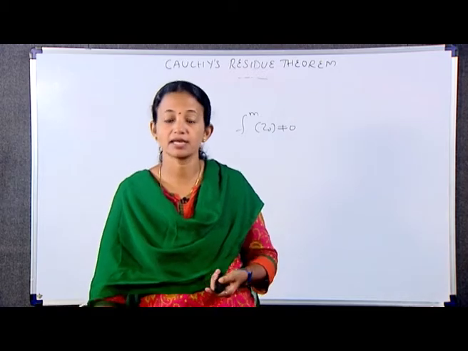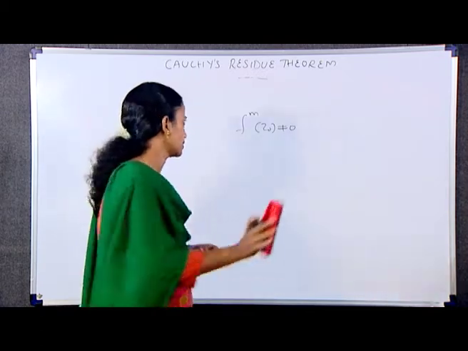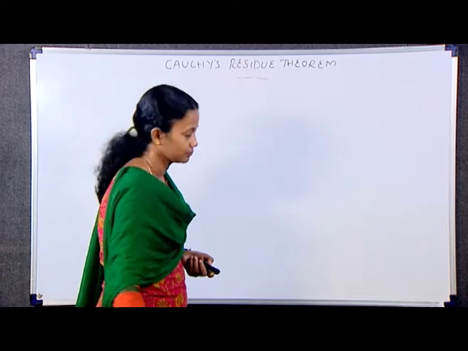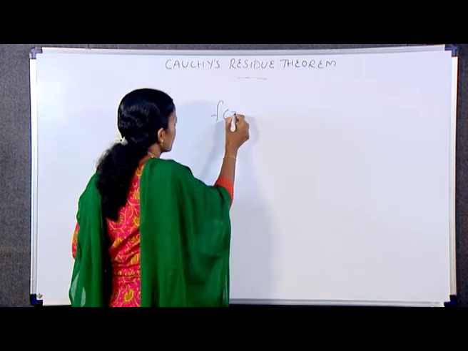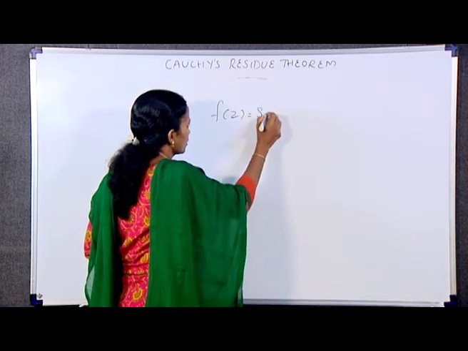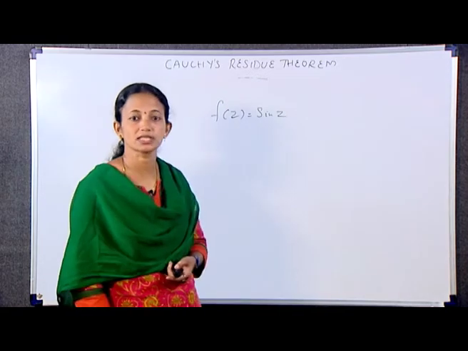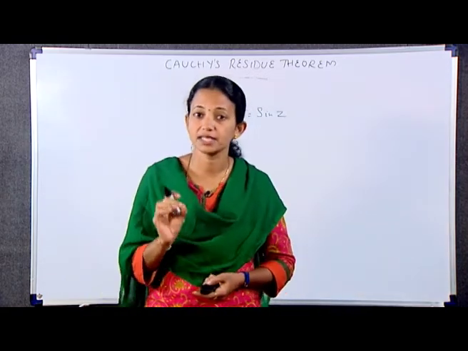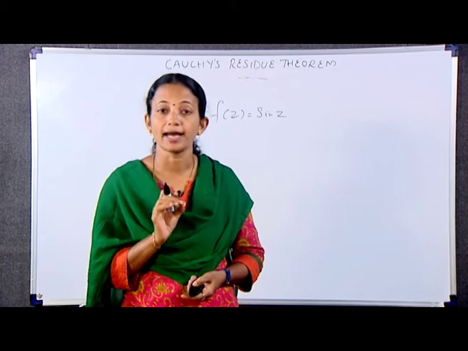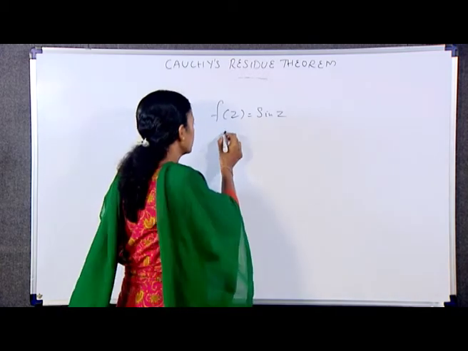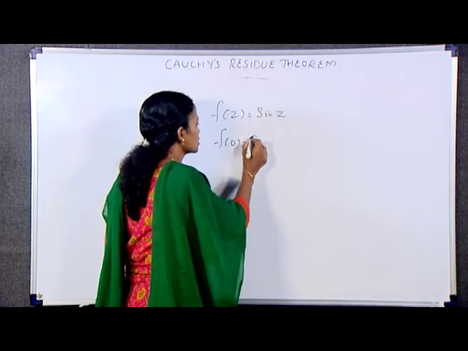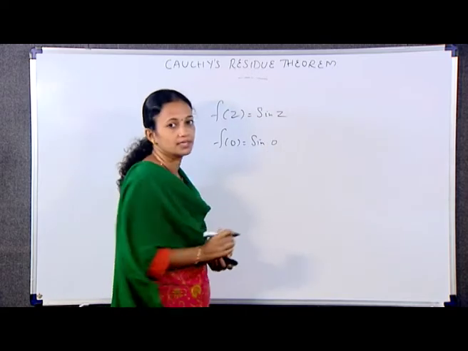Example, consider f(z) is equal to sin z. Then f(z) is an entire function and f of 0 is equal to sin 0, which is 0.